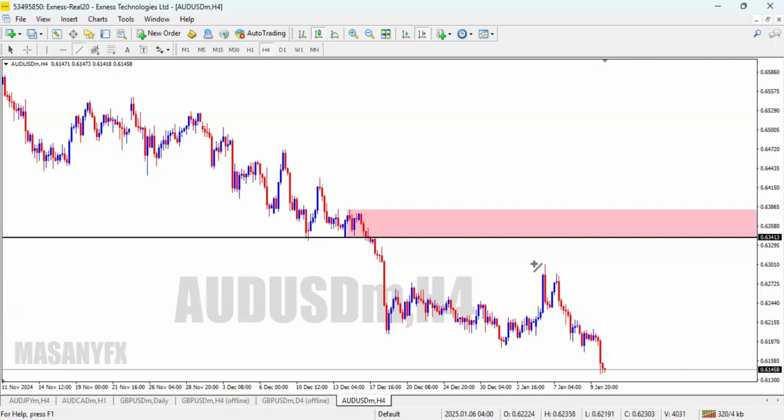So this will be our zone. This will be our entry.